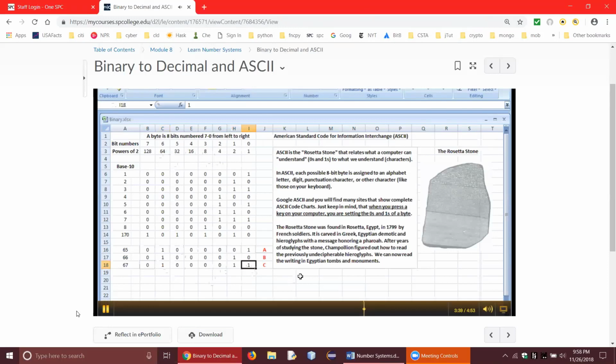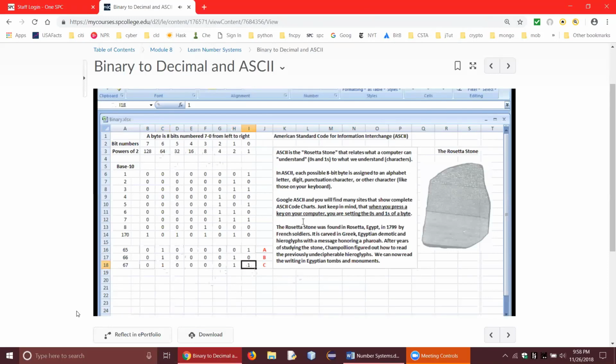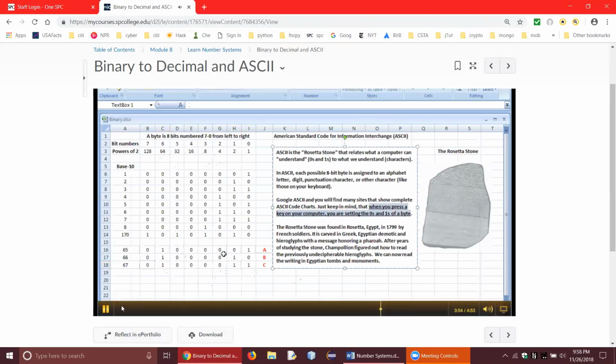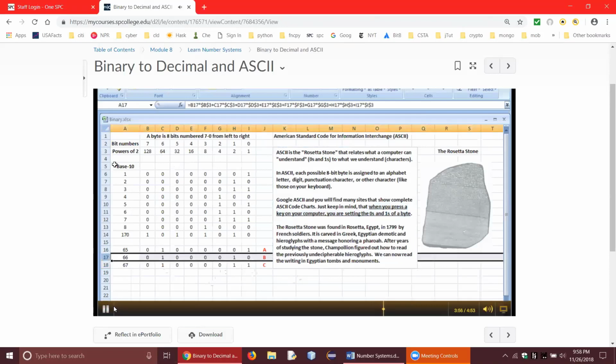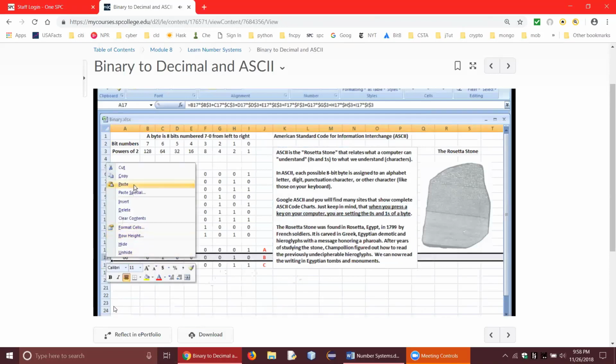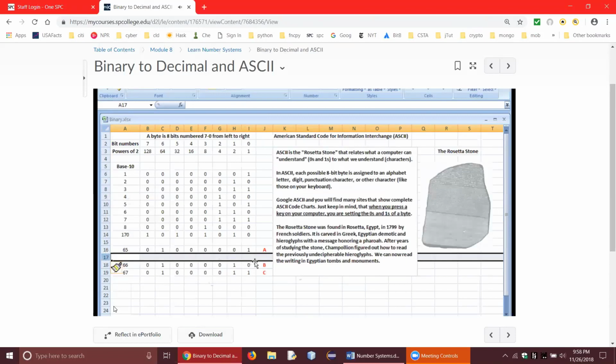Now, ASCII was developed, as I said, in the early 1960s, and the key for you with converting from binary to base 10 is just remember that you're setting the ones and zeros every time you press a key. I'm going to insert another row, and if in that row I enter a 1 here, zeros for most of the remaining bits, except 1 here and 1 here, that works out to 97.